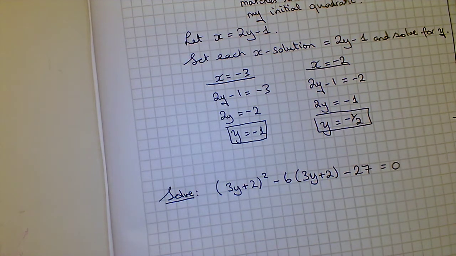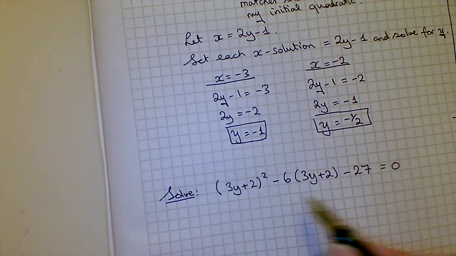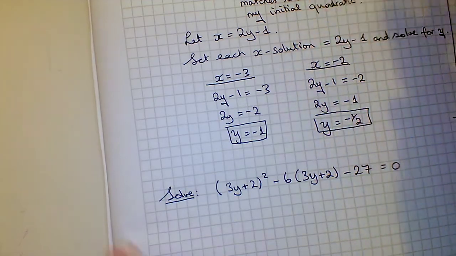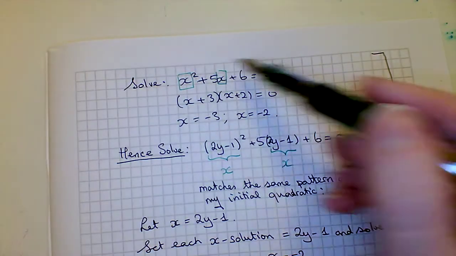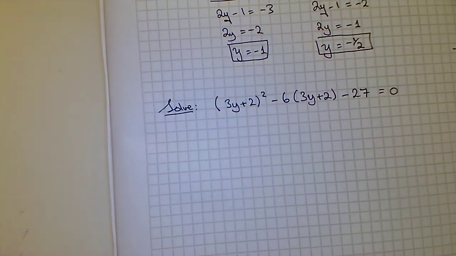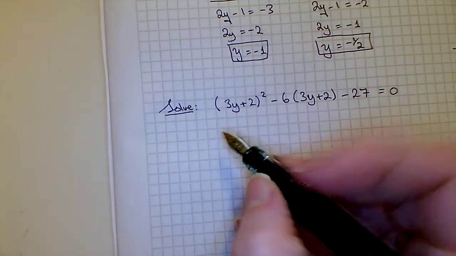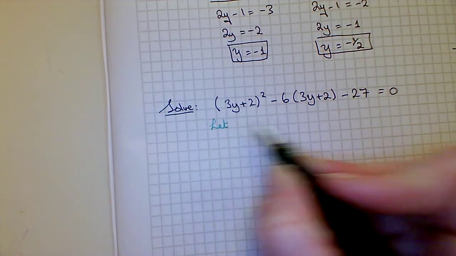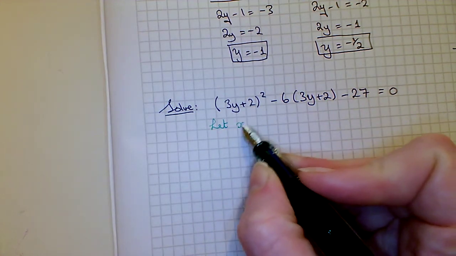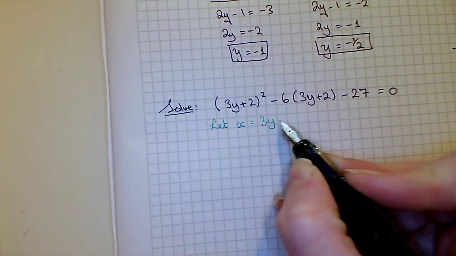How would we solve an equation like this? So rather than us starting with the known quadratic, the normal quadratic equation, we're starting with something that looks a little bit strange. And we're going to say let x equal to 3y plus 2.